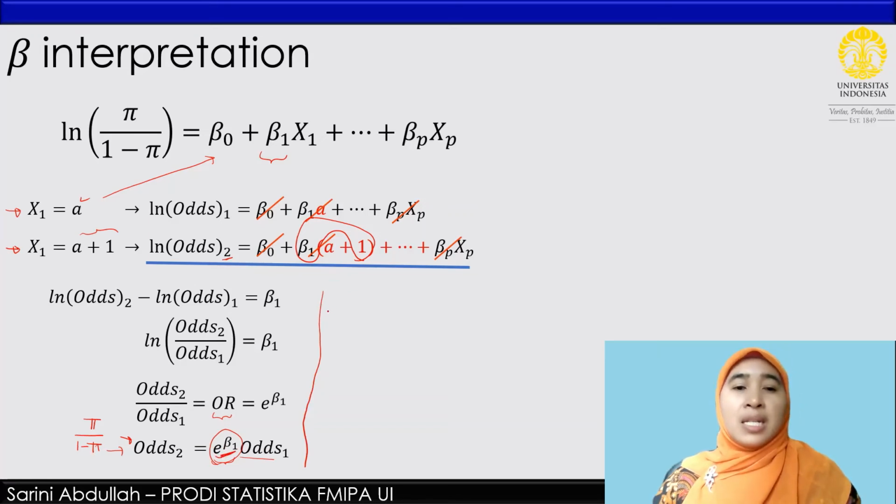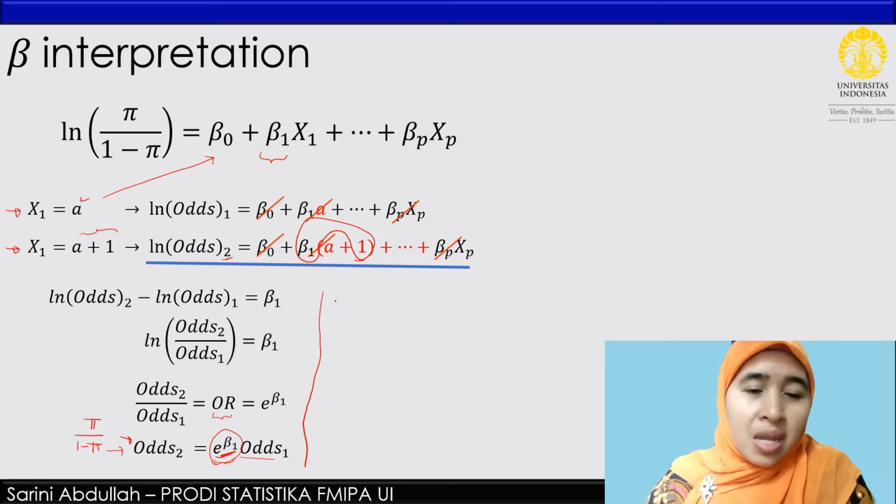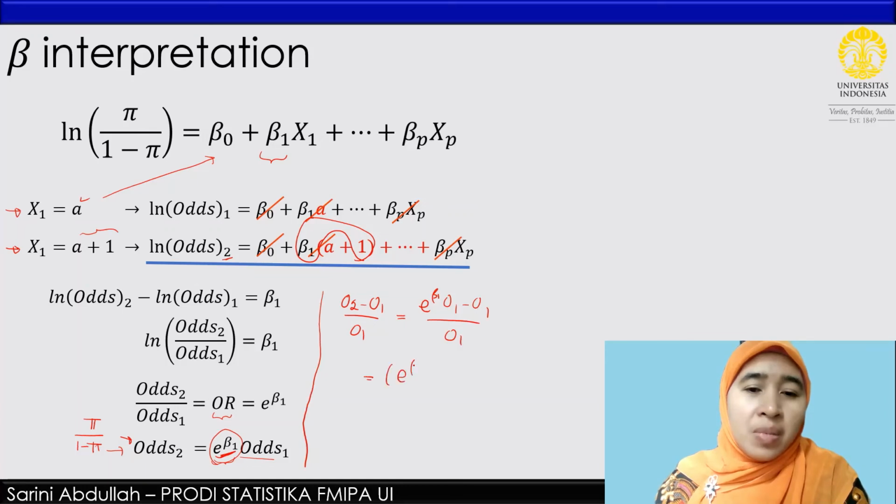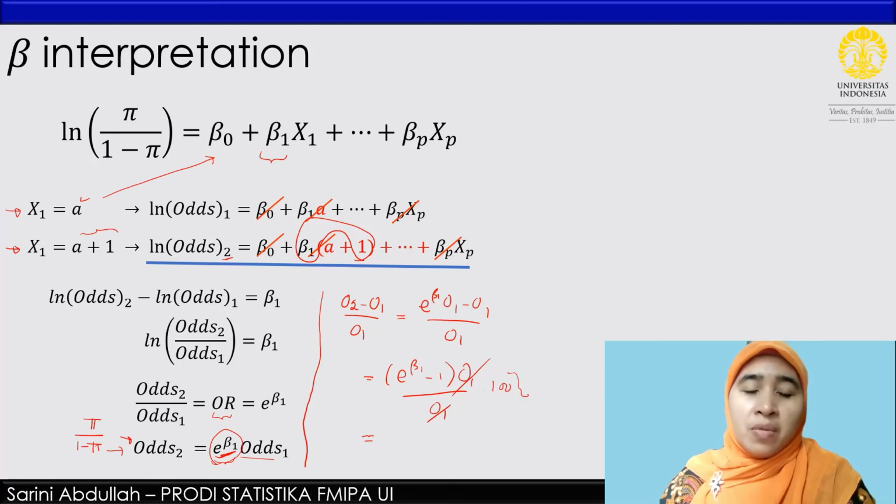How much is the change? We can compute odds 2 minus odds 1 over odds 1, which is the relative change. So we have e to the power of beta 1 times odds 1 minus odds 1, over odds 1, which gives e to the power of beta 1 minus 1, times 100% if we want to interpret in percentage.